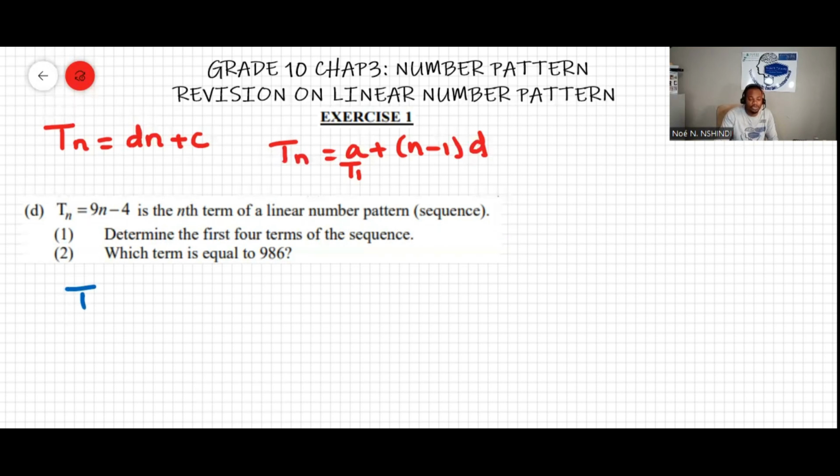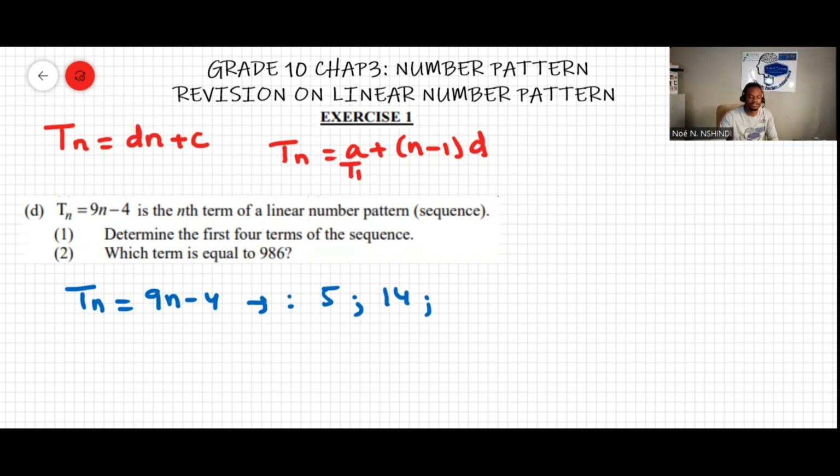Because it's 9n minus 4, if n is 1, it's going to be 9 minus 4, that makes 5. If n is 2, we substitute 2 for n, that makes 18 minus 4, which is 14.